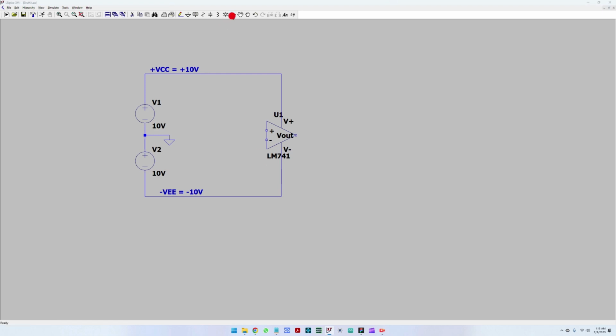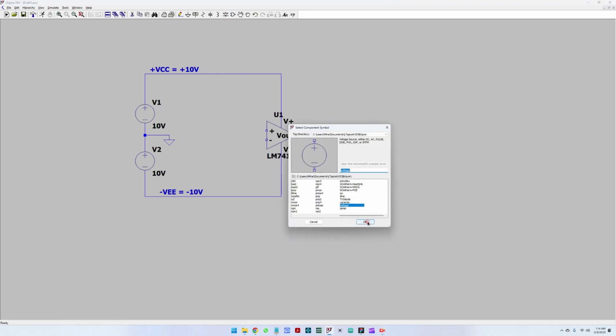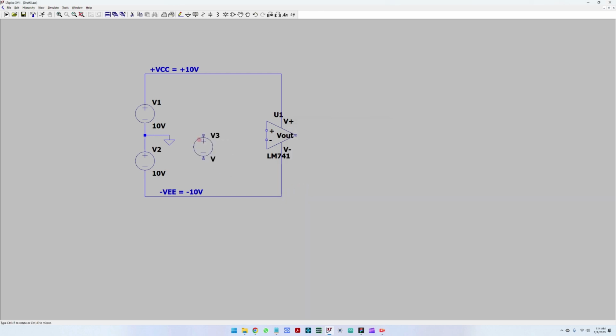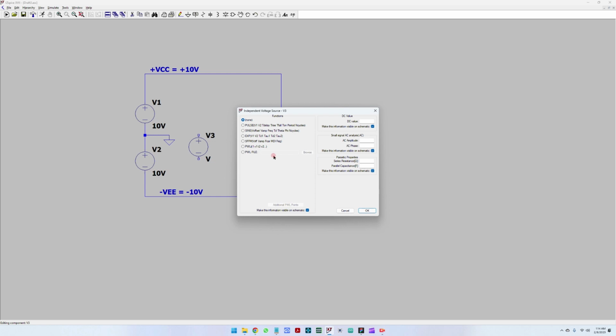Now we need something to drive the circuit, so I'm going to place another voltage source and change it. Right-clicking this and going to advanced, you have multiple selection options.